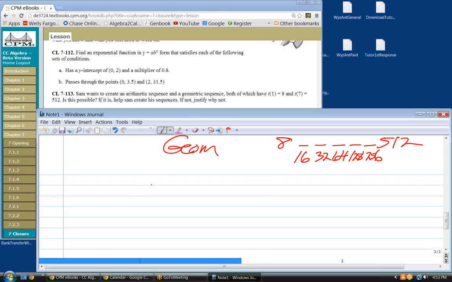Well, for a geometric sequence, the formula for the nth term is the first term multiplied by the common ratio raised to the n minus 1 power.